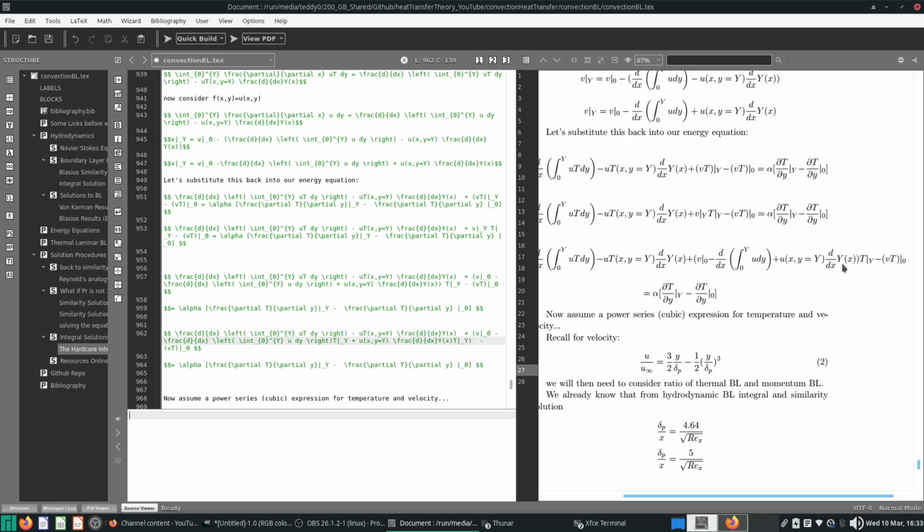So Ty will be multiplied into this term, and this term. So there are three terms: one is the integral term, one is the V0 term, and one is this term over here.